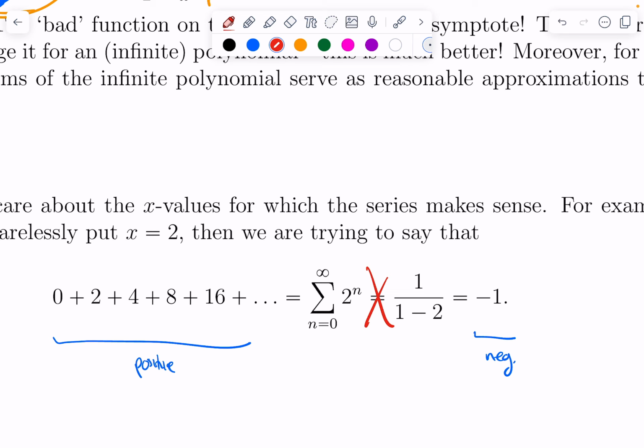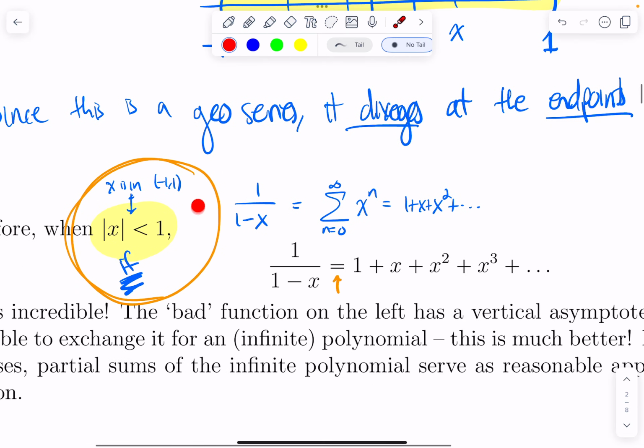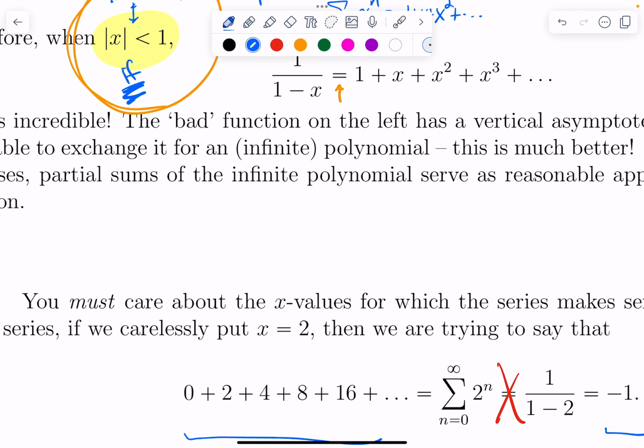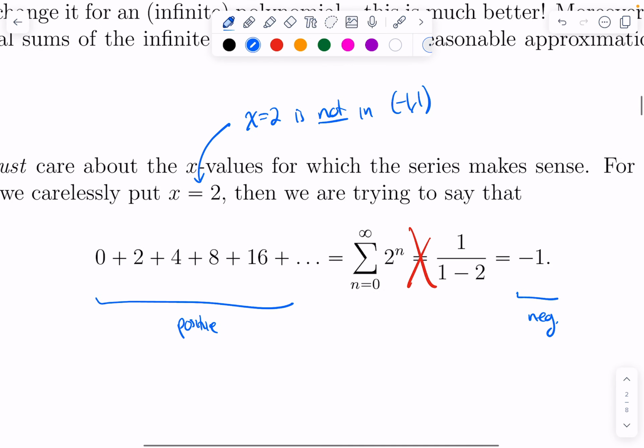In particular, this is failing because x equals 2 is not inside of this domain. The problem is that this choice, x equals 2, is not in -1 to 1. So that's what's causing a problem. You do have to be very, very careful about what numbers you put into your series in order for it to either make sense or not make sense.